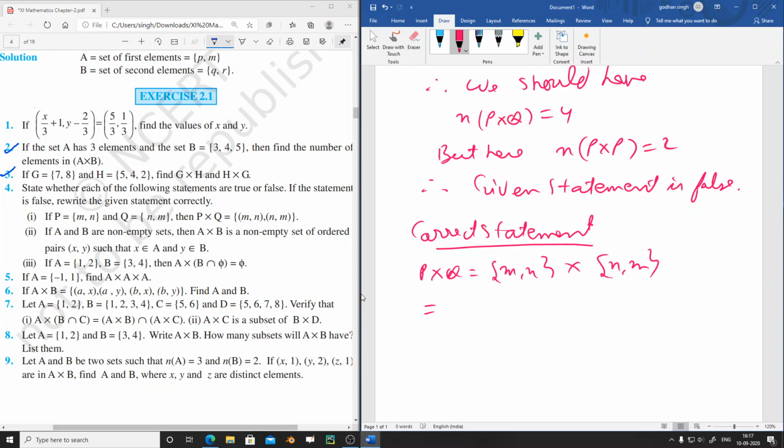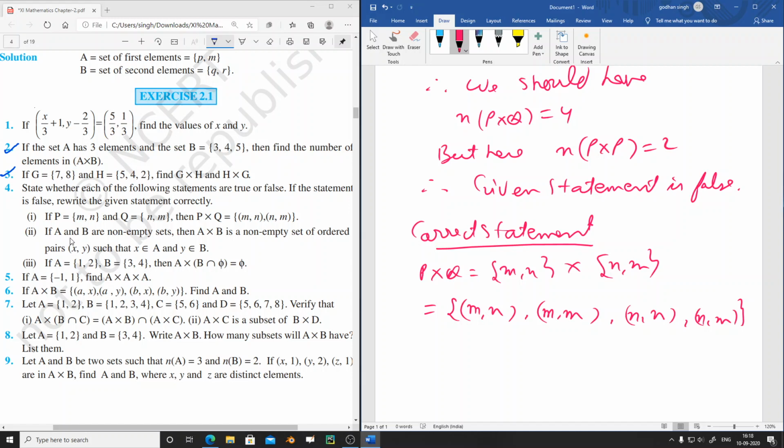We pair m with the elements of the second set Q, so one pair will be (m, n) and the other pair will be (m, m). Same way we take the element n. Grouping n with n, we get (n, n), and grouping n with m, we get (n, m). So how many elements are there? Total 4. The number of elements will be 4. So this is the correct statement.